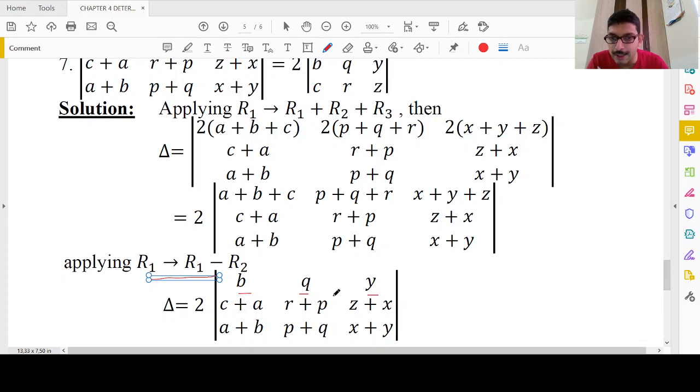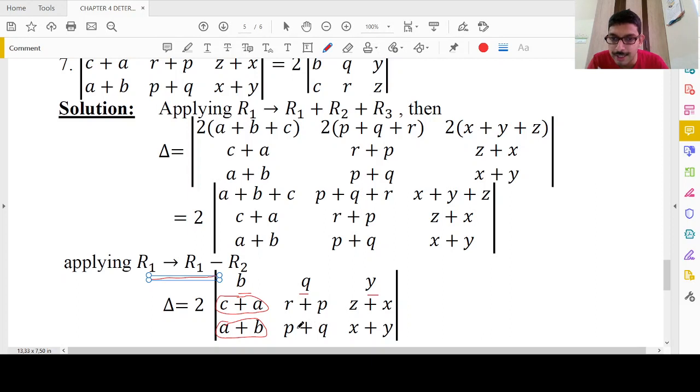Now you see that these two rows also we have to convert into single elements, that is, we should get C and A. Suppose we do R3 changes to R3 minus R1, then BQY will get cancelled.